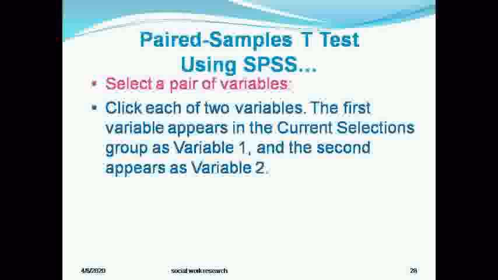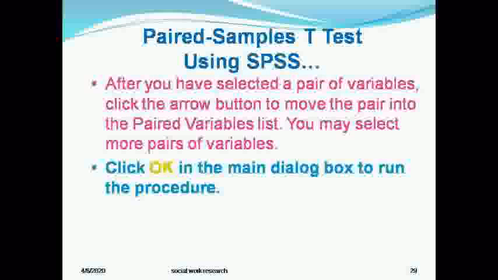Paired samples t-test using SPSS. Select a pair of variables, click each of the two variables. The first variable appears in the current selection group as variable 1 and the second appears as variable 2. After you have selected a pair of variables, click the arrow button to move the pair into the paired variables list.